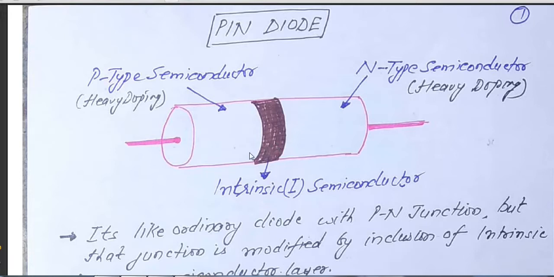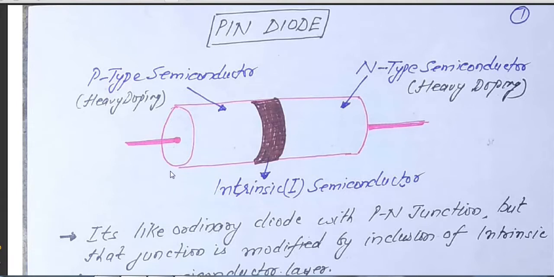The separation introduces some dielectric type properties to this layer, greatly reducing the junction capacitance of the diode, and by reducing the junction capacitance, it works better at higher frequencies. Also, this p-type semiconductor and this n-type semiconductor are heavily doped as they are used to make ohmic contact.